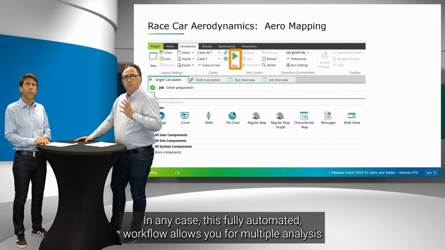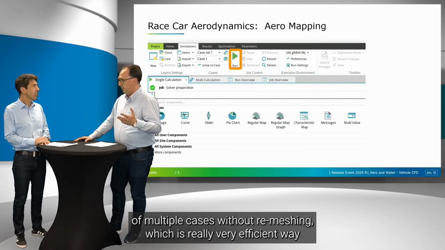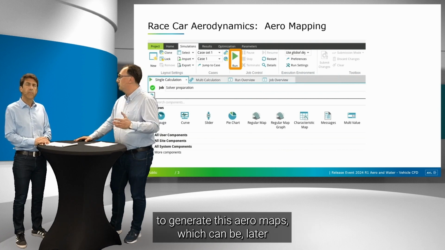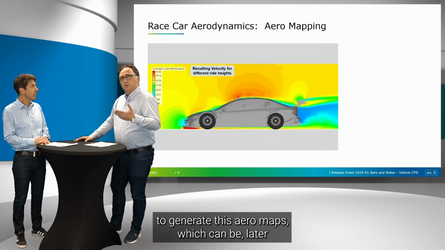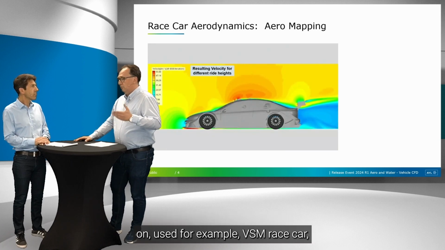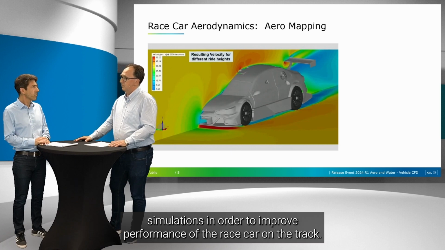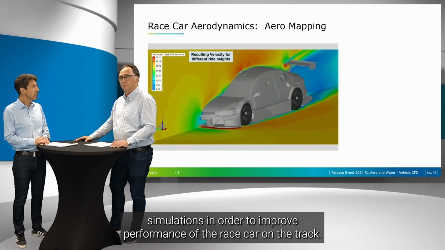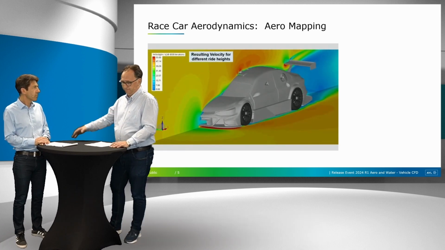In any case, this fully automated workflow allows you multiple analyses of multiple cases without remeshing, which is a really efficient way to generate these aero maps, which can later be used, for example, for VSM race car simulations in order to improve performance of the race car on the track.